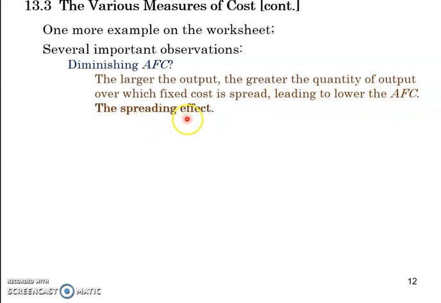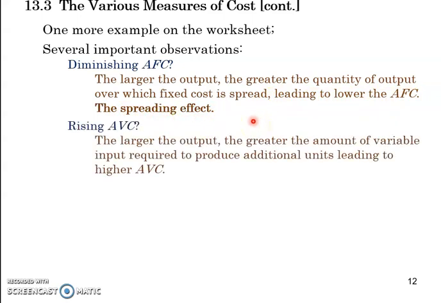This is called the spreading effect. And the second one is a rising AVC. The larger the output, the greater amount of variable input required to produce additional units, leading to a higher AVC. This is the so-called diminishing returns effect.